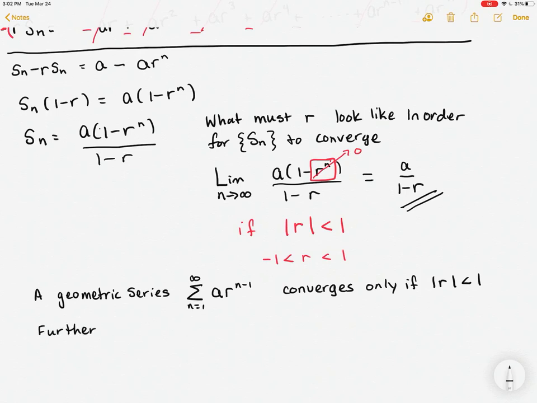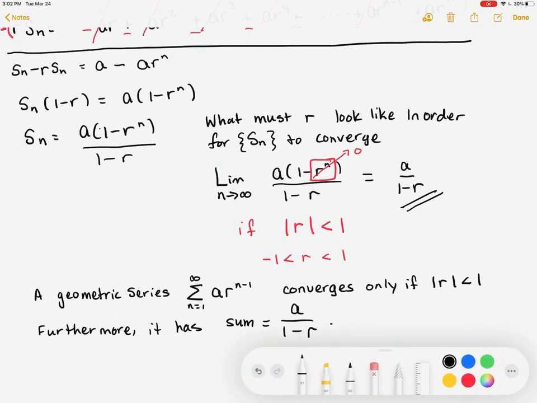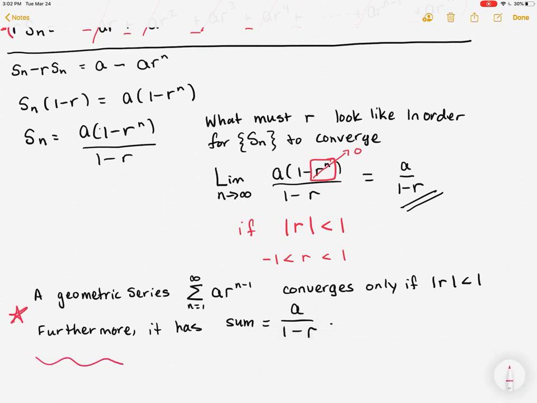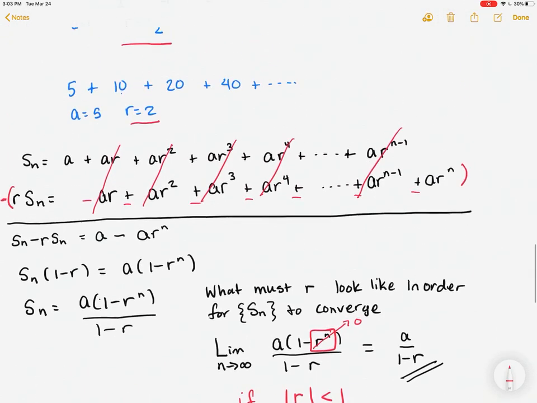And furthermore, it has sum equal to a divided by 1 minus r. Massively important that you be able to recognize geometric series, because it's one of the very few whose sum we'll be able to find. Now you've got to be careful.